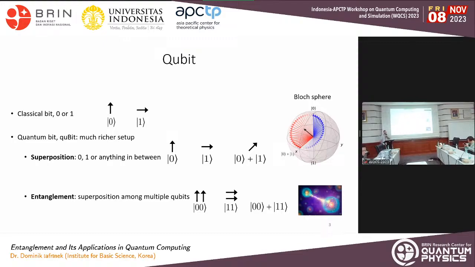And entanglement is a superposition among multiple qubits. So 0 plus 1 is not one of these, so it's certainly in between. And if you take this superposition, but you have a multiple qubit space, then this is called entanglement. So entanglement is just superposition of qubits.